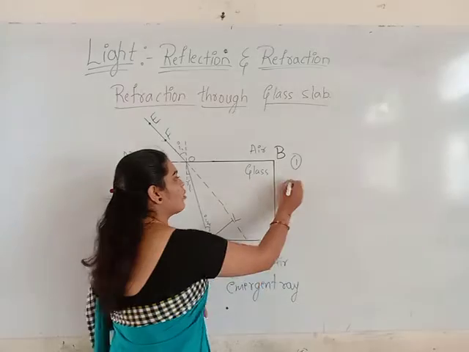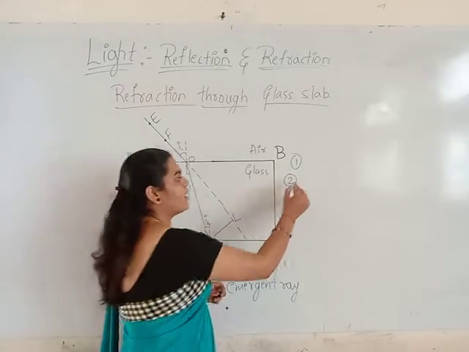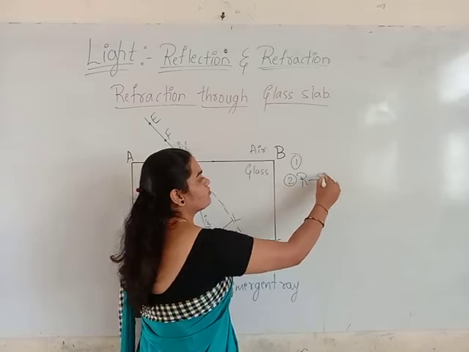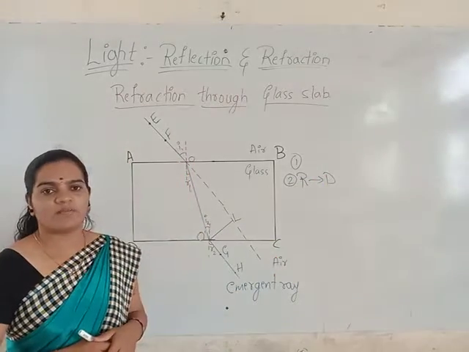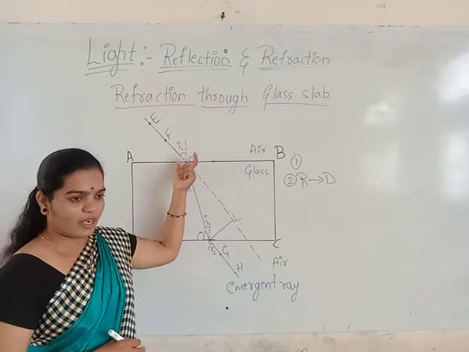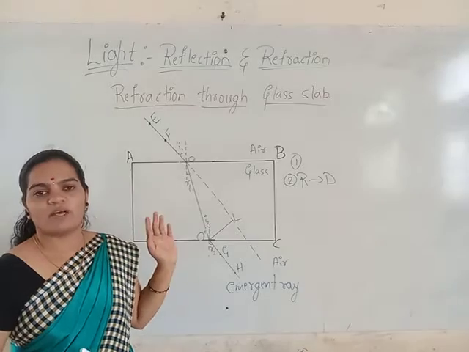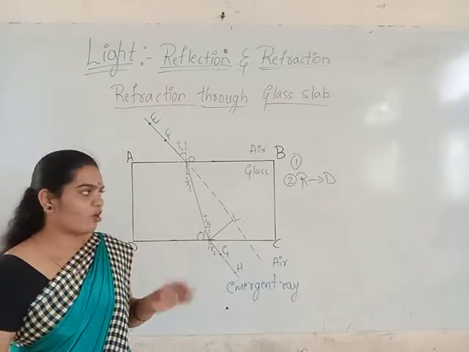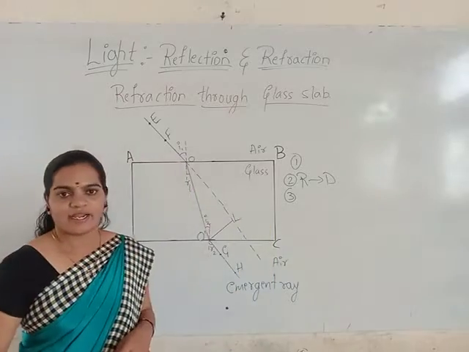So what is the second point here? When light travels from rarer to denser, what happens over there? The ray of light shifts towards the normal. And what is the third point? It is opposite to the second point, right?